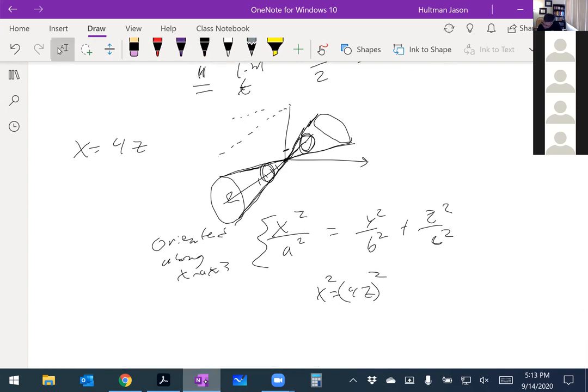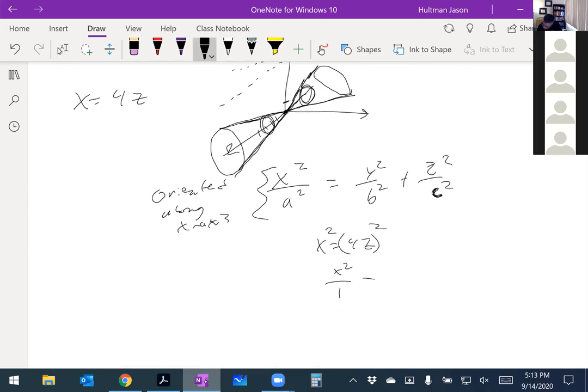So this would be x squared over 1 is equal to y squared over b plus z squared over c, which is going to be 16.